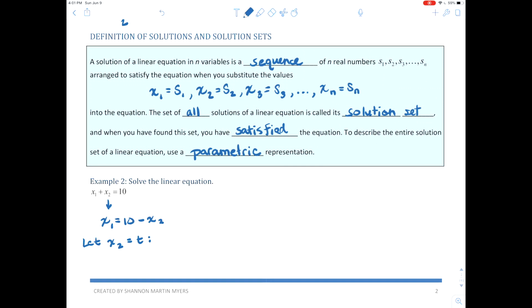Well, I'll have x1 is equal to 10 minus t, and then I'll just rewrite here that x2 is equal to t. So this system here is consistent because it not only has one ordered pair which will satisfy the equation, it has infinitely many ordered pairs that will satisfy the equation.